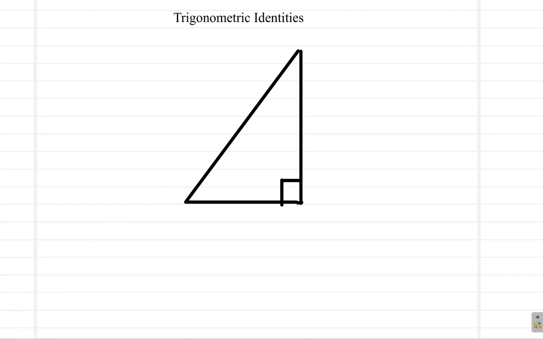Now, let's say we have the sides: the horizontal side A, vertical side B, and the hypotenuse of this right angle triangle is C. And let's say we have the angle here. Let's call it theta. Alright?